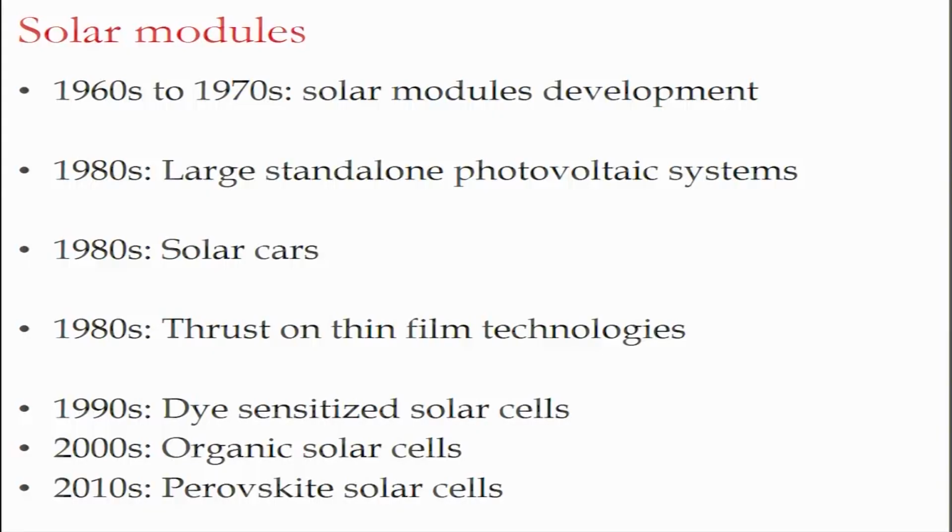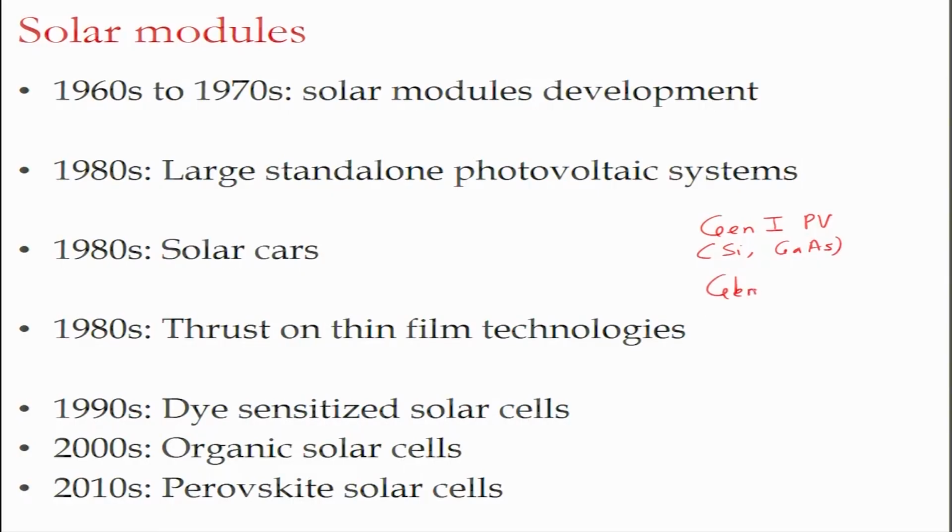So this is a chronological development of solar cells over the years, and because of this, solar cells are often characterized in three categories. First is Gen 1 PV. Gen 1 PV is primarily based on silicon and gallium arsenide, which started in the 1950s or 60s.